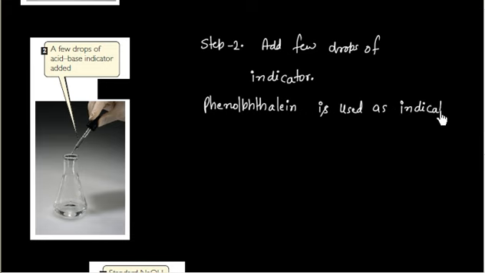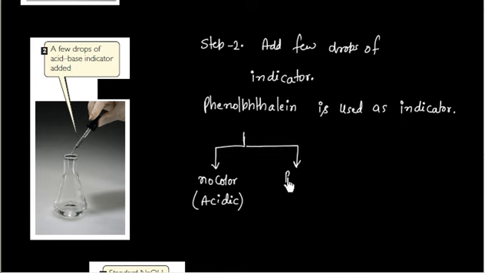Now what is phenolphthalein? It shows no color in acidic medium. So if the medium is acidic, it will show no color. But if the medium is basic, it will show pink color.